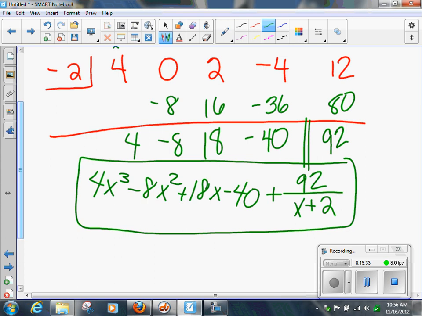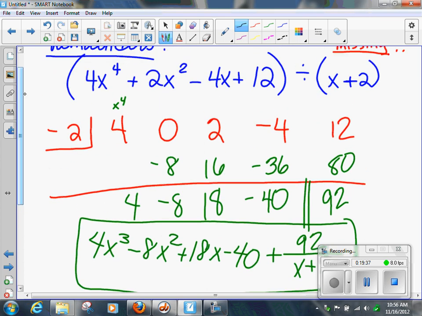Now, here's my suggestion. If x plus 2 is the divisor, then what is that polynomial called? Dividend. And how do you deal with the remainder?